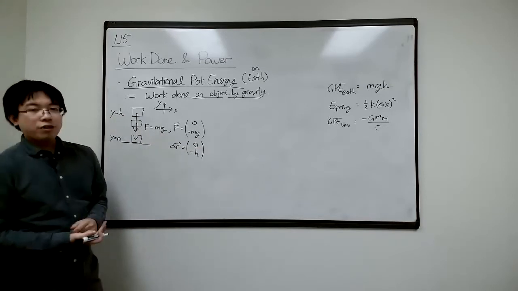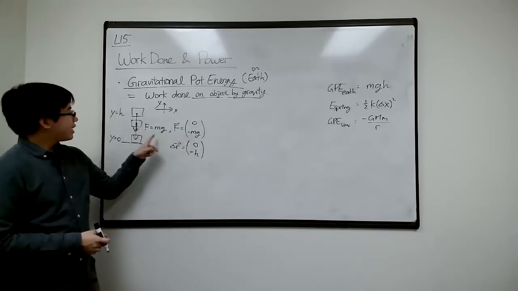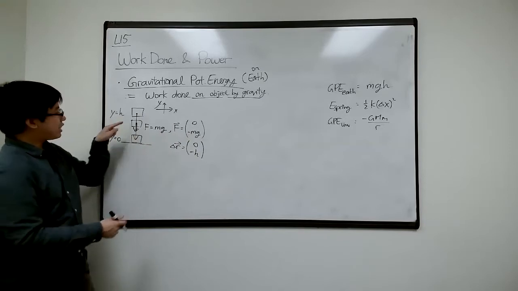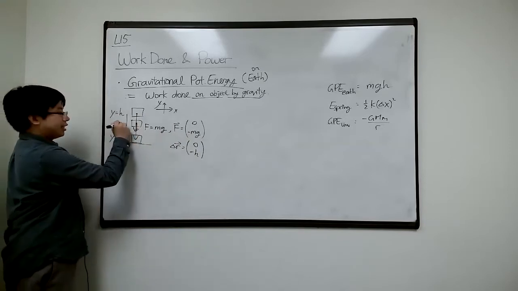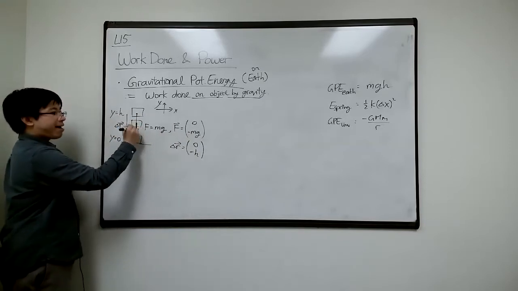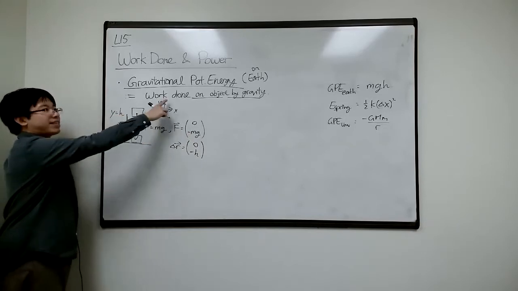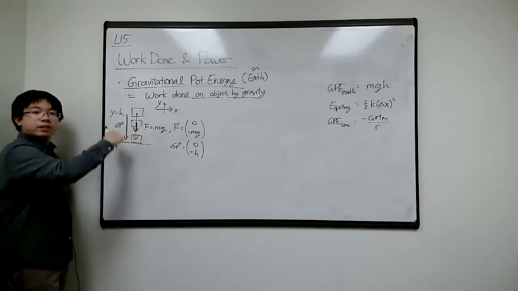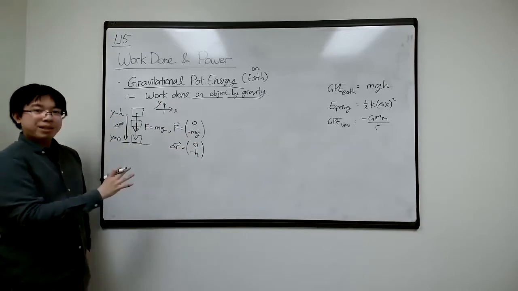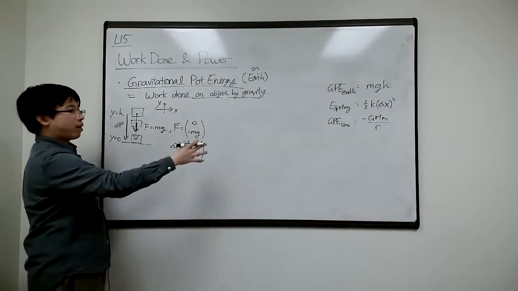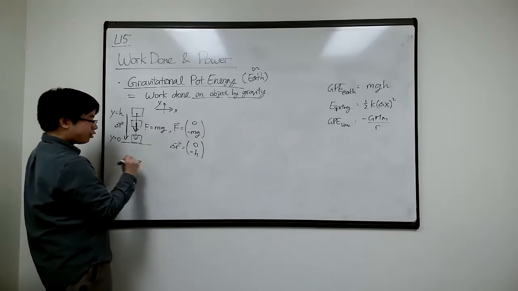Now, is F a constant or not? It is a constant. And is it parallel to my displacement? My displacement is this way. Yes, F is parallel to the displacement. So gravity is indeed doing the work over here. So I can use the simplest of those formulas. I can use the complicated one, but I'll just go ahead and use the simple one.